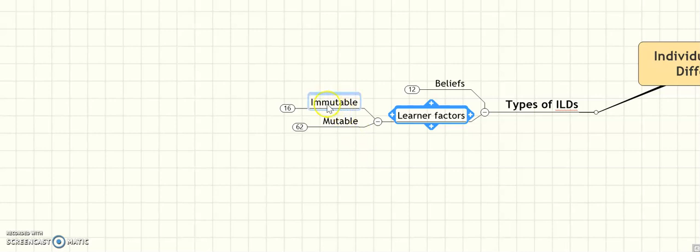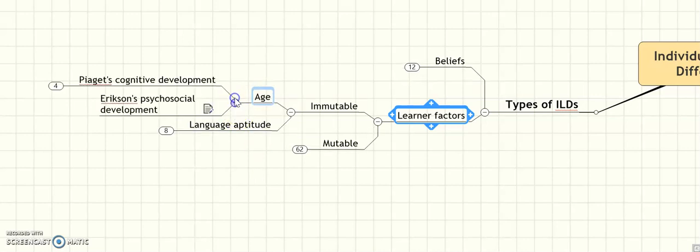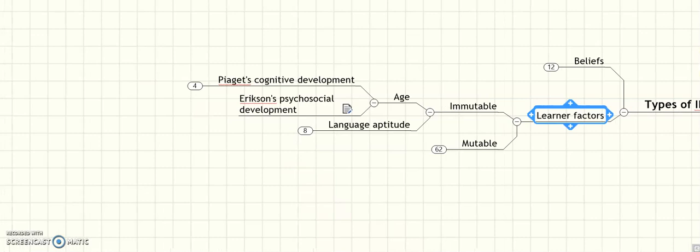What about the immutable factors? We see here at least there are 2. Age and language aptitude. Age and language aptitude. How can age be an important factor in individual learner differences?